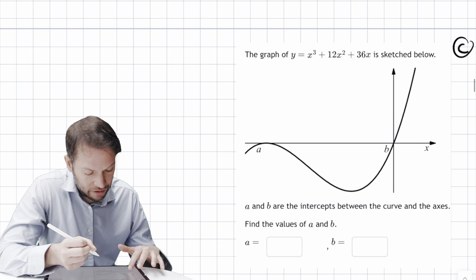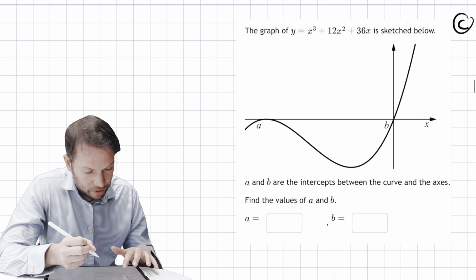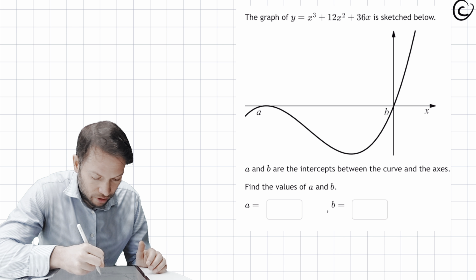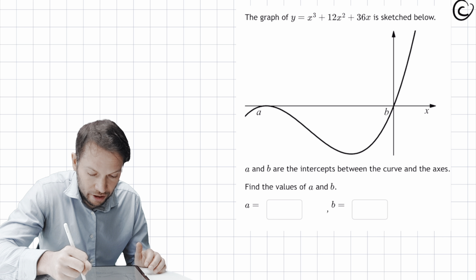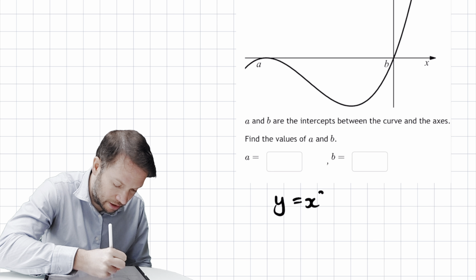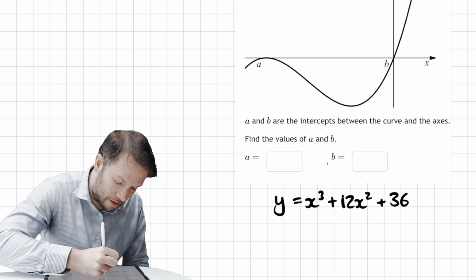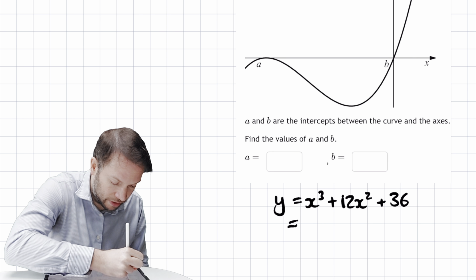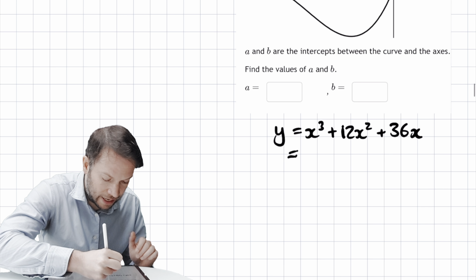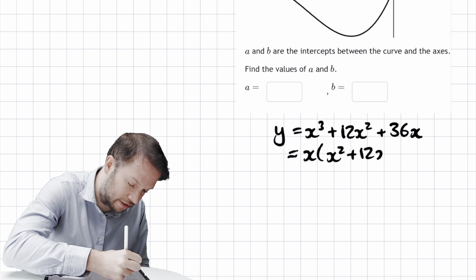Now, we've got this further example here, and we want to factorize again, but this time we've got a sort of touching point, haven't we? So if we factorize x cubed plus 12x squared plus 36x, if we factorize out the x, we get x squared plus 12x plus 36.